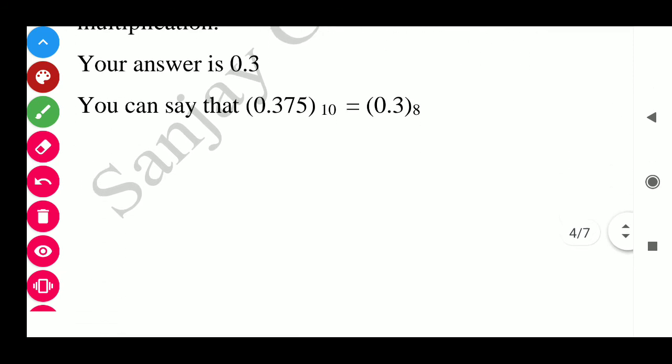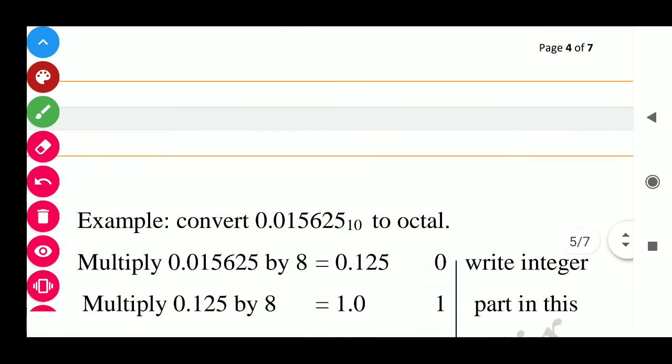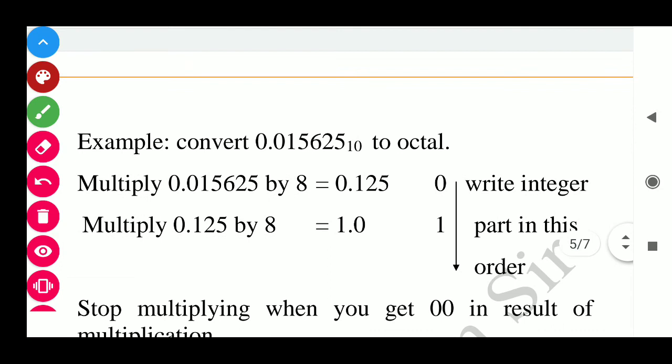Now, one more example. Convert 0.015625 base 10 to octal. Now, just multiply 0.015625 by 8 and your answer will be 0.125.